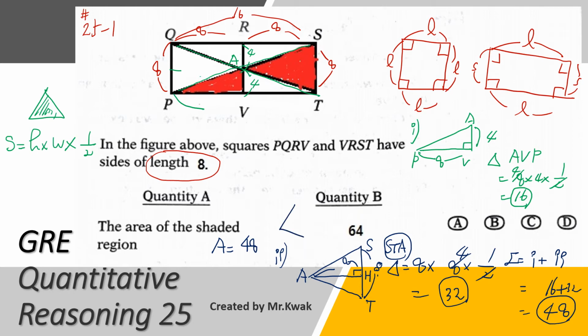Still, A is smaller than quantity B, so the answer should be A. It was a little bit complicated, but it was a good practice for us to get the differentiated part. So it's going to be really beneficial when we encounter the different types of real GRE questions in testing-like environments. So let's move on to the next part.